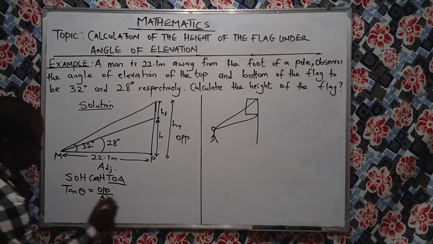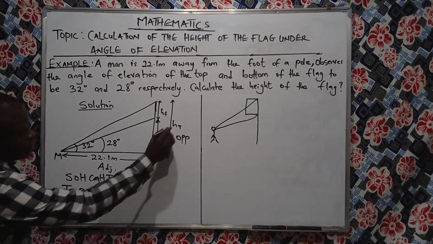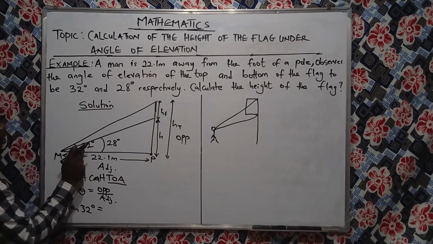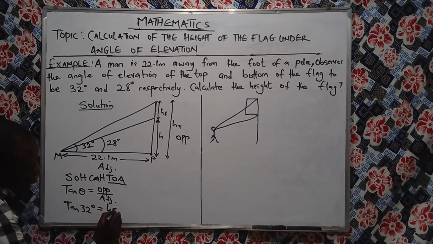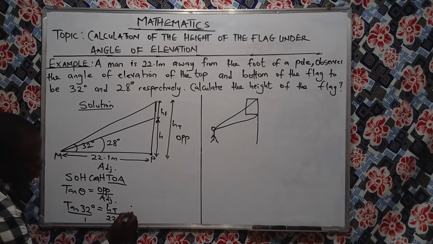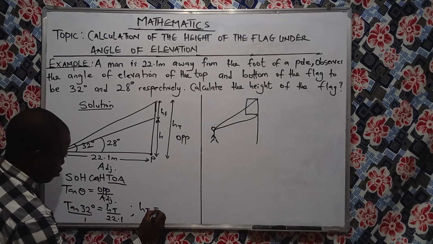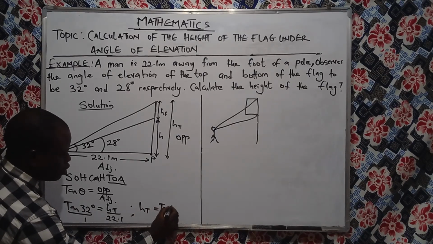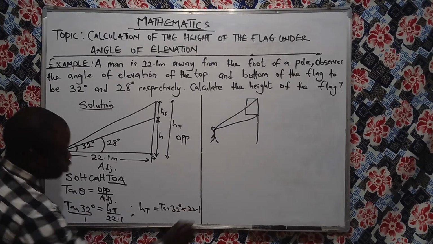Now I have tan, what's the angle? The first angle, tan 32 degrees, because what's the opposite? The total, that is tan 32 degrees equals HT over the adjacent, 22.1. You cross multiply, you have HT equals tan 32 degrees times 22.1.